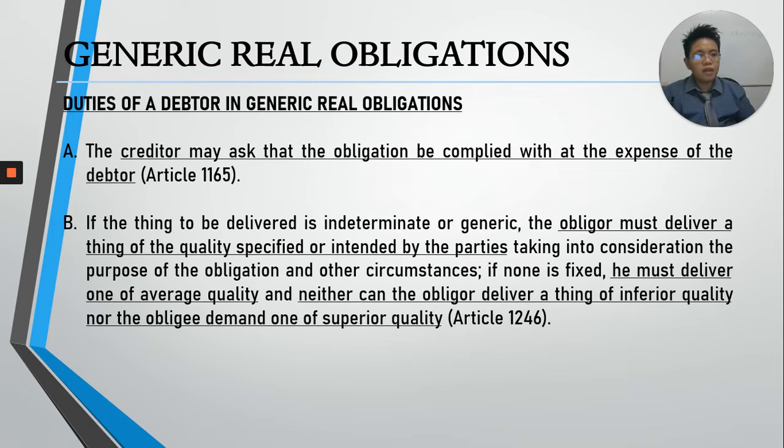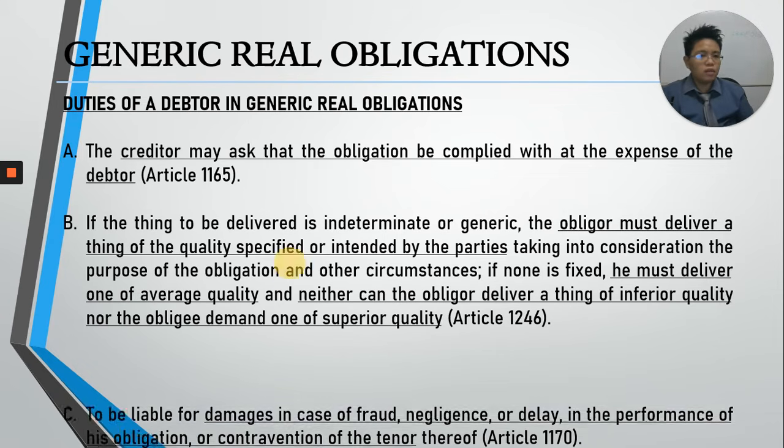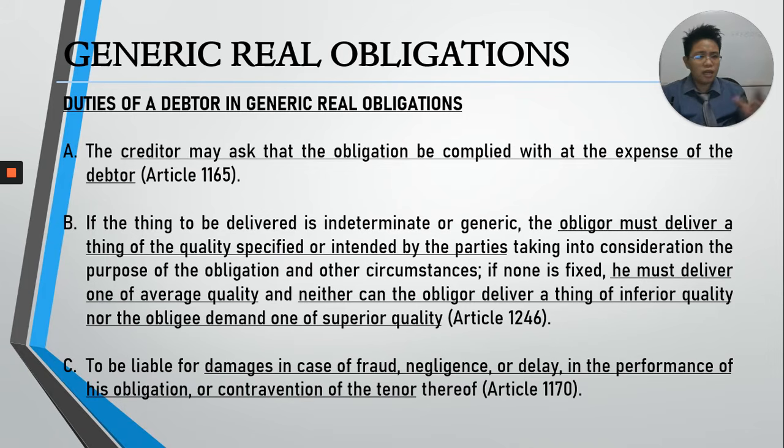Now, the creditor cannot demand an object of superior quality. And the debtor, syempre, cannot deliver a thing of inferior quality. So, that is the rule in 1246. Madadaanan natin uli yan. What else?